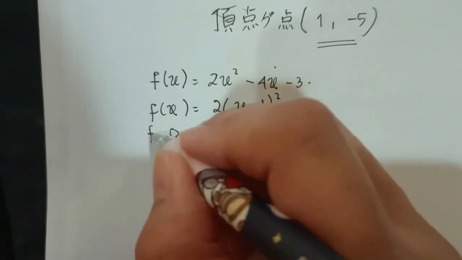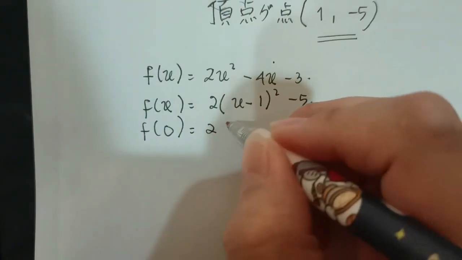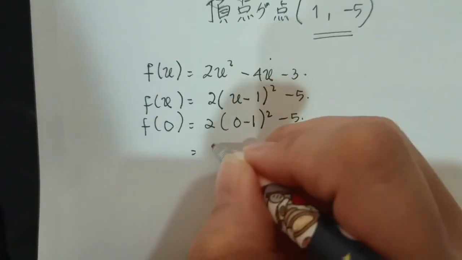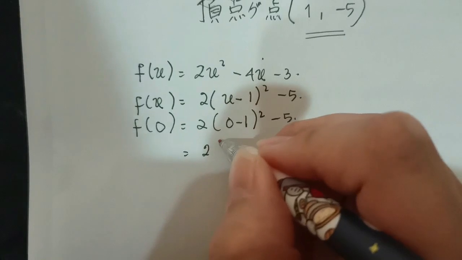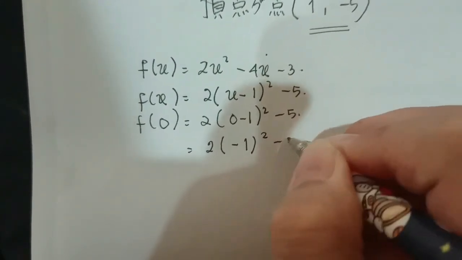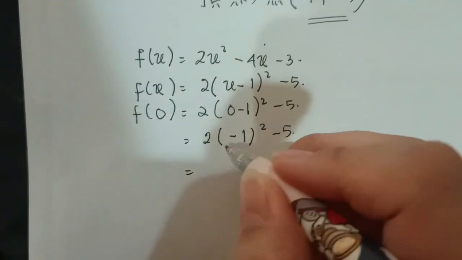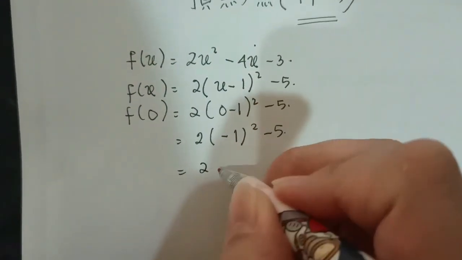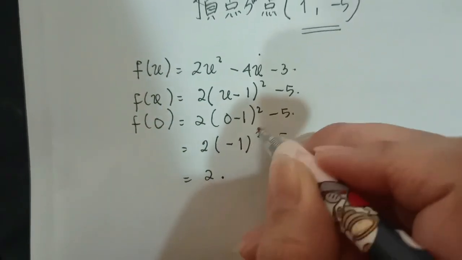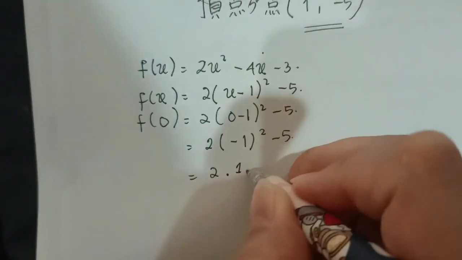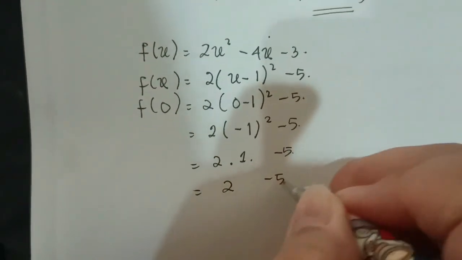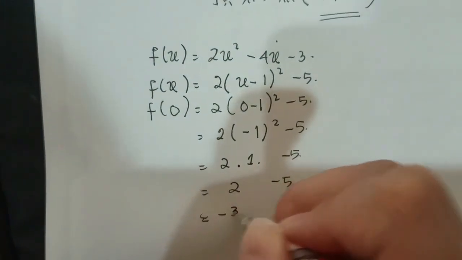If the x is 0, 2(0 - 1)² - 5 equals 2 multiply (-1)² - 5. 2 multiply 1, (-1)² is 1, minus 5. 2 minus 5 is minus 3.